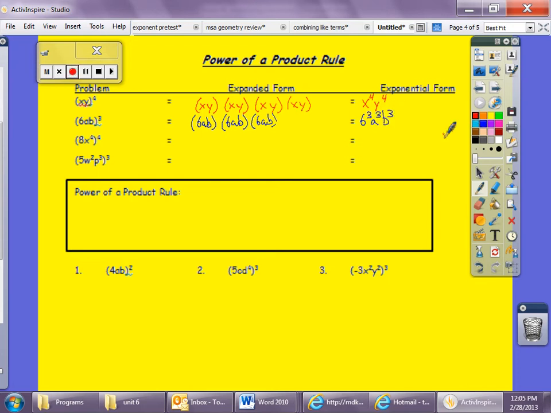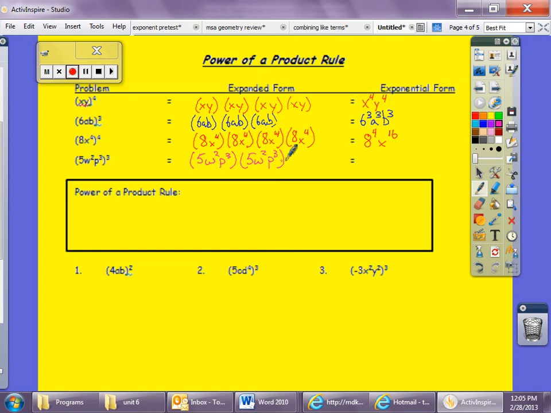Then if we look at the next one, we have 8x to the 4th. So I'm going to write this 4 times. That means I have 4 8's, so it's 8 to the 4th. If we add 4 plus 4 plus 4 plus 4, that gives me x to the 16th. And the last one, I have 5 w to the 2nd, p to the 3rd, and I have to write this 3 times.